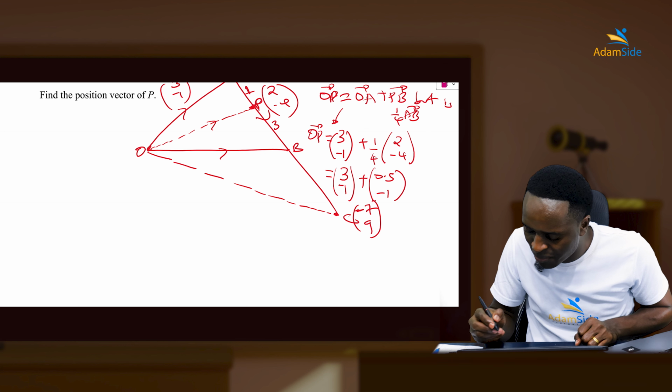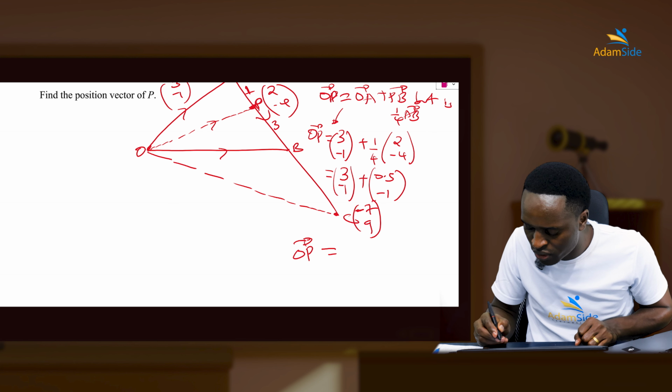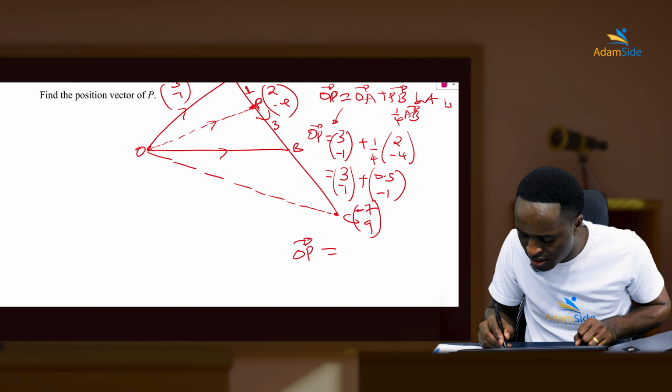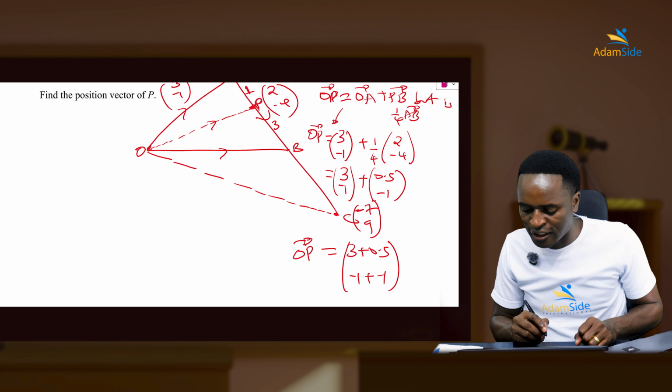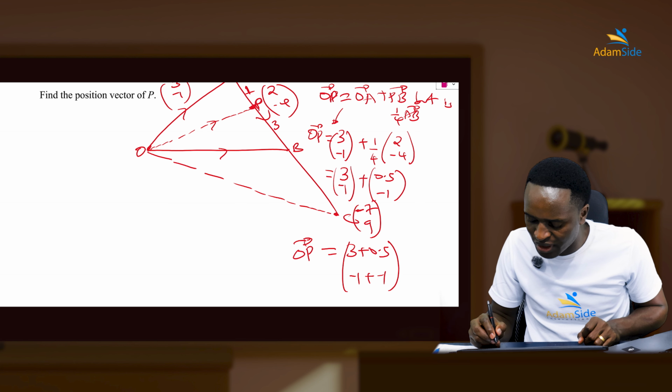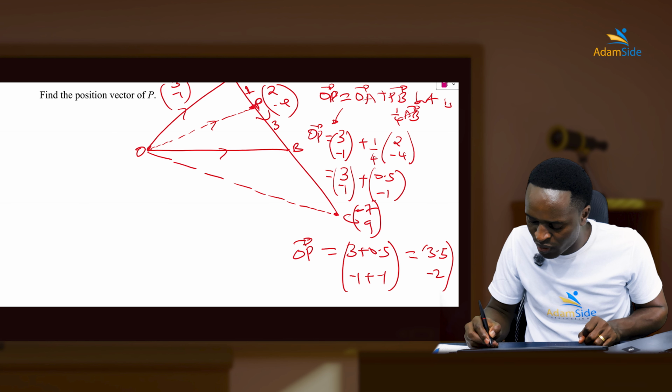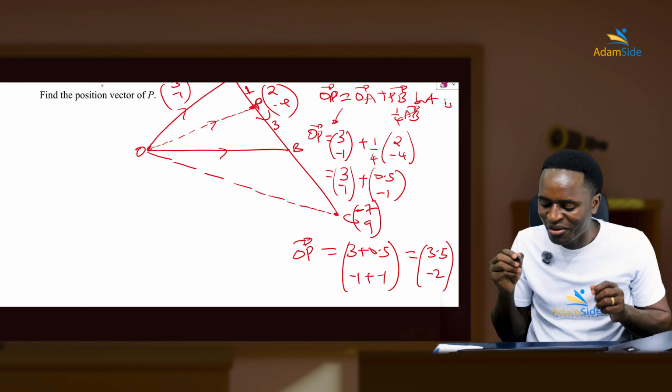Then you add 3 plus 0.5. So vector OP is 3 plus 0.5 as x, and -1 plus -1. We end up getting our answer as (3.5, -2). That is our vector.